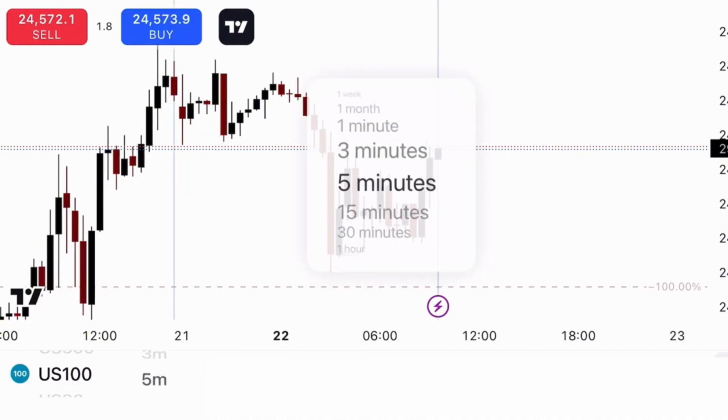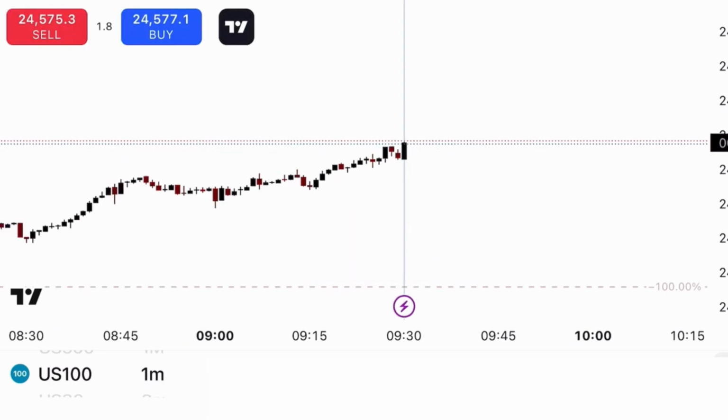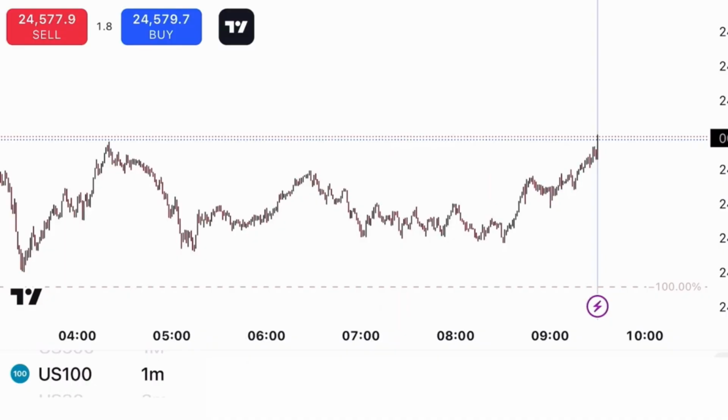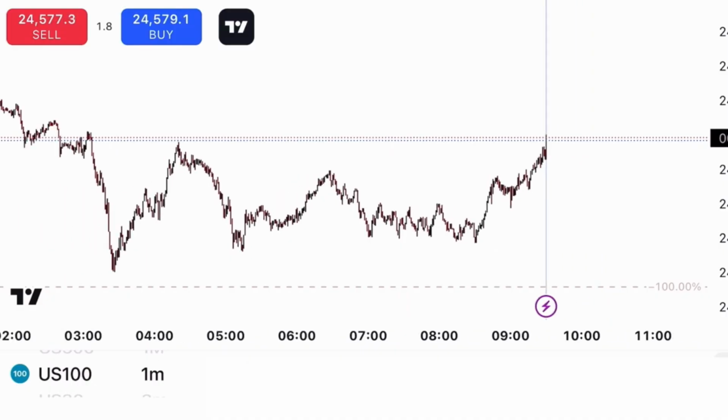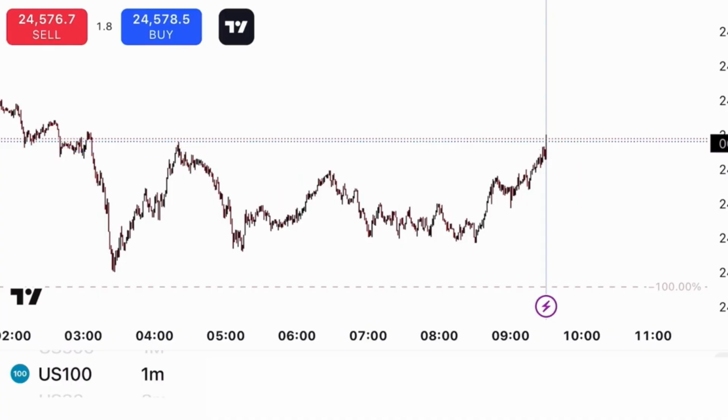So I don't really have a bias because I haven't completed my analysis yet, and I can see the price going both ways, so I'm not going to be taking any trades at the moment, but I'm going to look for more data for analysis so I can determine my bias, if I have any, and if there are any trading opportunities.